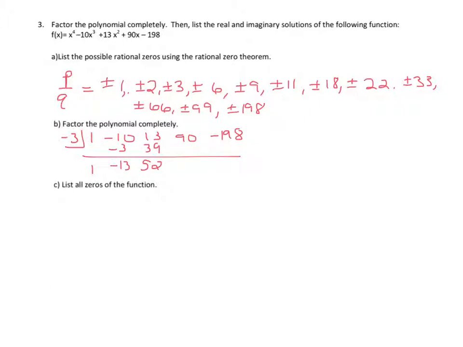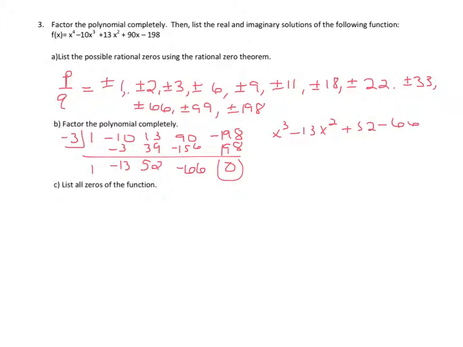Okay, -156. Sorry, I was second guessing myself there. -66 and then +198. So then we get our 0 like we're looking for. And then we're left with the function x cubed minus 13x squared plus 52x minus 66.